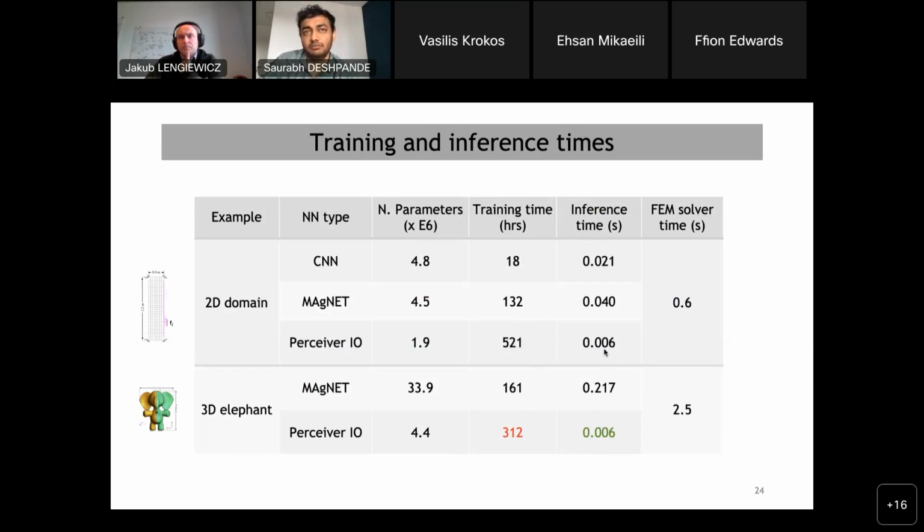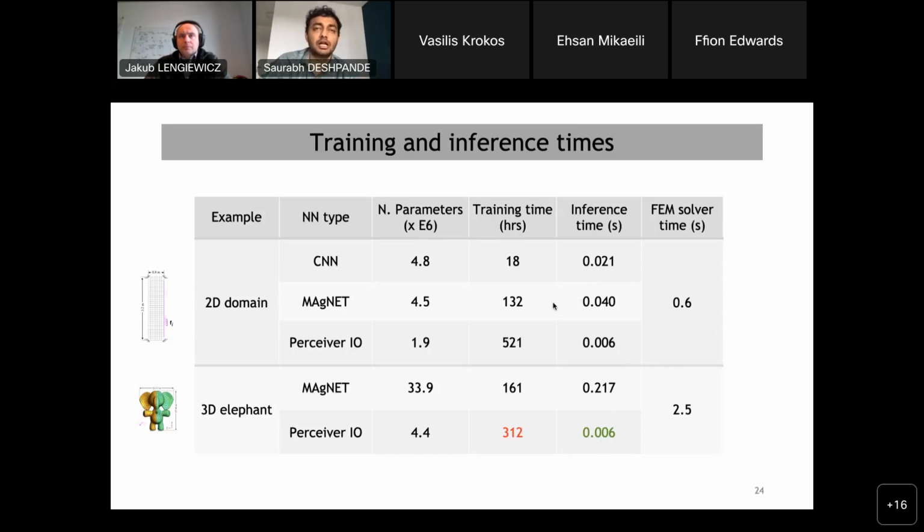The size of the inputs in our cases is comparatively small for these kinds of architectures, so it's taking almost similar time for both the 2D and 3D problems, and you can also see the finite element prediction times. By the way, these are prediction times for a single prediction, not batch mode. So to conclude, Perceiver IO takes more time to train, but it's quite fast at inference.